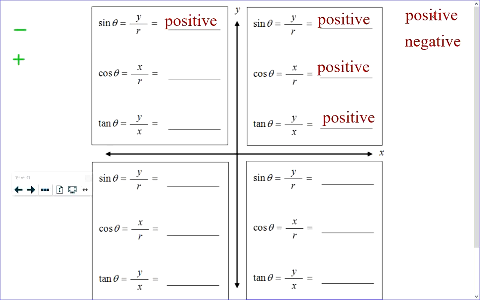I can do this piecemeal, and I think this is a good idea. In the bottom 2 quadrants, y is negative, which means that sine of a rotation angle that terminates in either quadrant 3 or 4 will be negative.